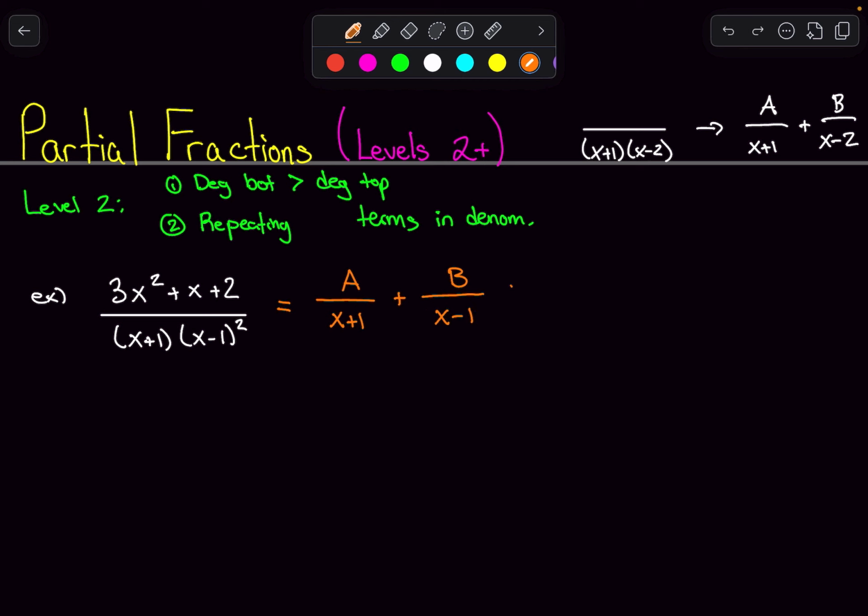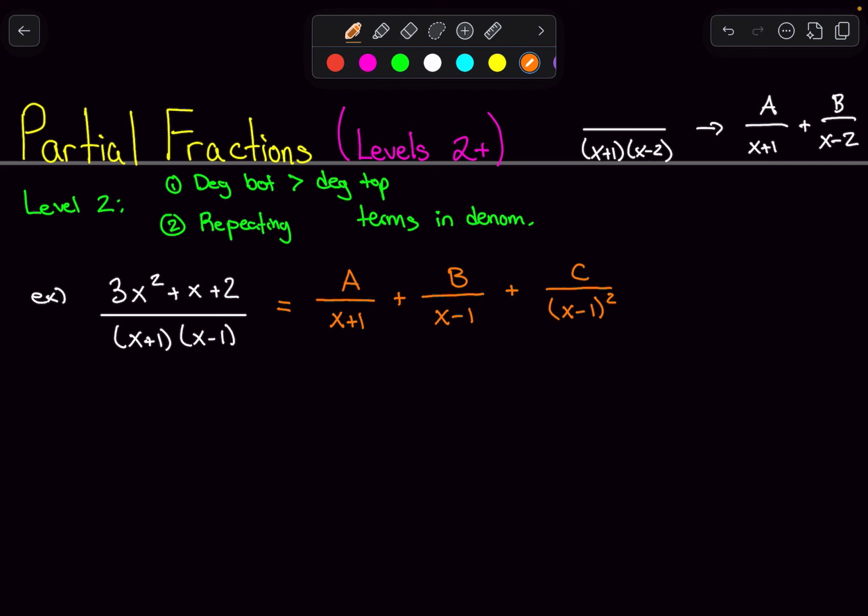What do we do? It turns out that the answer is that for however many repetitions you have, we're just going to add on another term up until the point when we hit, in this particular case, x minus 1 squared. Now, this is a little bit strange, so let me just illustrate.